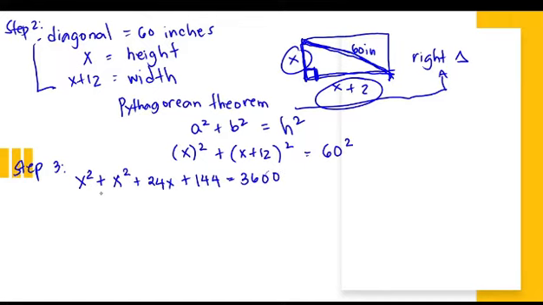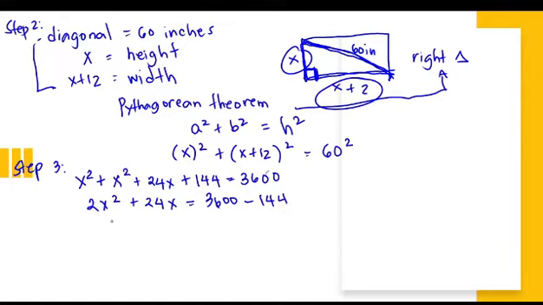And then we simplify. We will have 2x squared, sum of x, 2x squared here, the quadratic terms, plus 24x equal to 3,600 minus 144. Let us simplify this one.